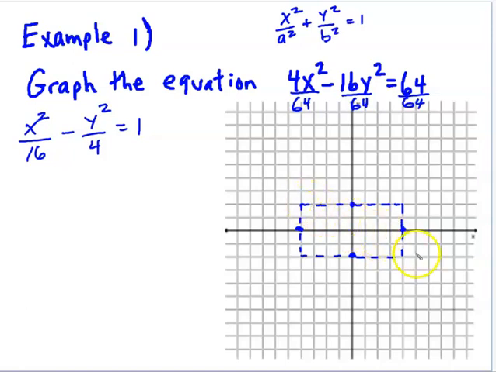What this central rectangle does for us is it's a guide, a template, if you will, for allowing us to draw 2 asymptote lines. I'm going to get my line draw tool ready to go here. If you remember, an asymptote is a line that a graph will approach forever, but it will never actually touch. I'm going to line these up the best I can.